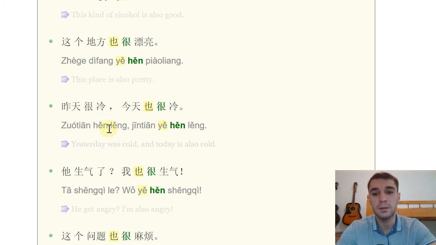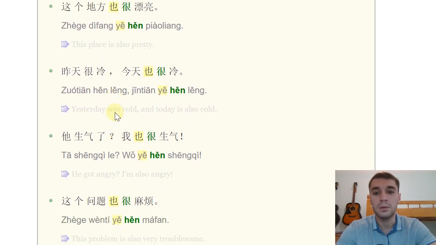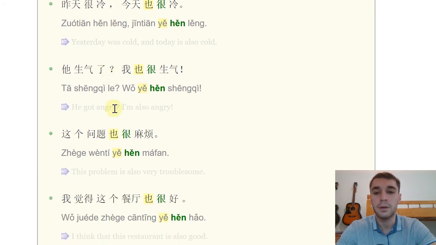So we don't need to say was in a Chinese sentence, because we know from the context that it was in the past. Okay, he got angry. I'm also angry. 他生气了，我也很生气。了 we use to show the past sense.